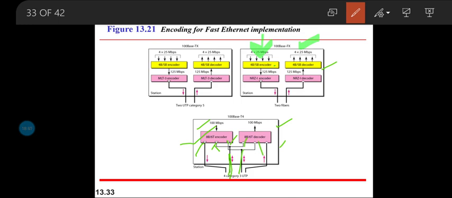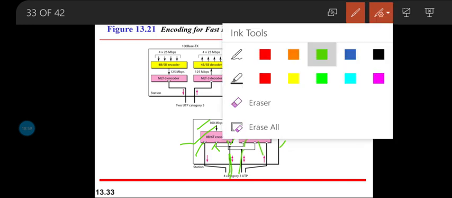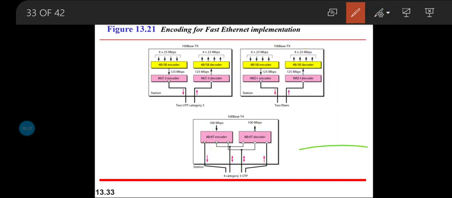So instead of having 4 different twisted pair cables for 4 transmitters and 4 receivers, we are trying to manage within the available number of UTP cables. So that is your 100 base T4.